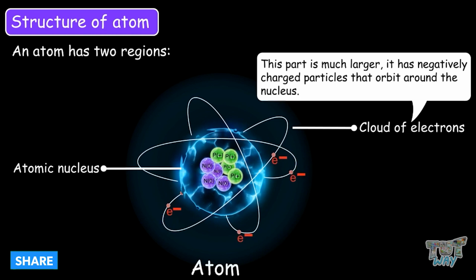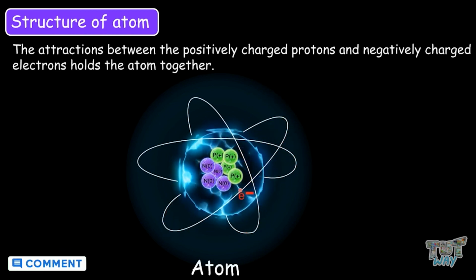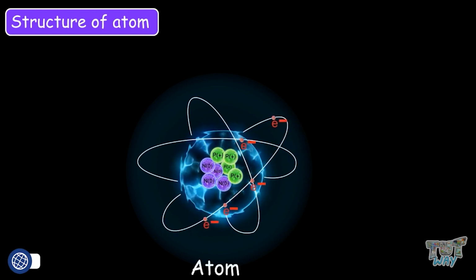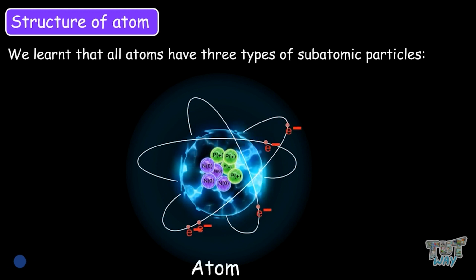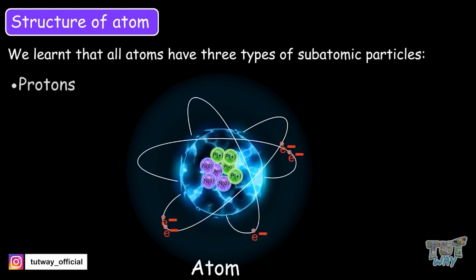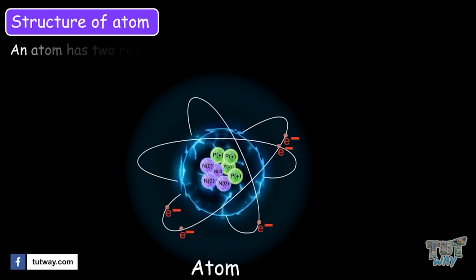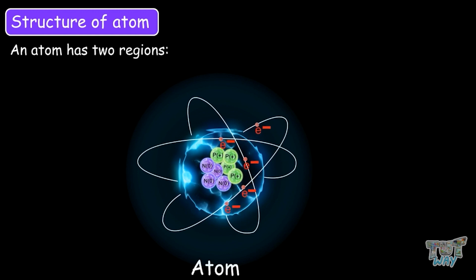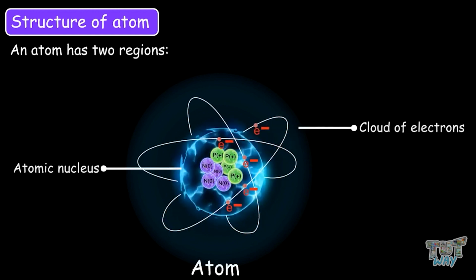And we have already learned that the attraction between the positively charged protons and negatively charged electrons holds the atom together. We learned that the atoms contain all three of these types of subatomic particles: protons, electrons, and neutrons. An atom has two regions, the atomic nucleus and the cloud of electrons.